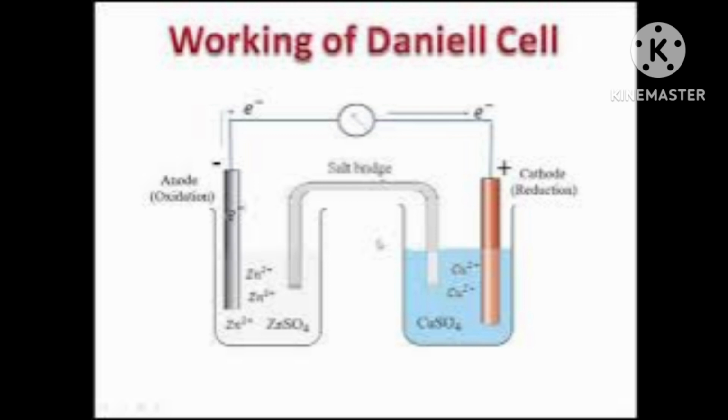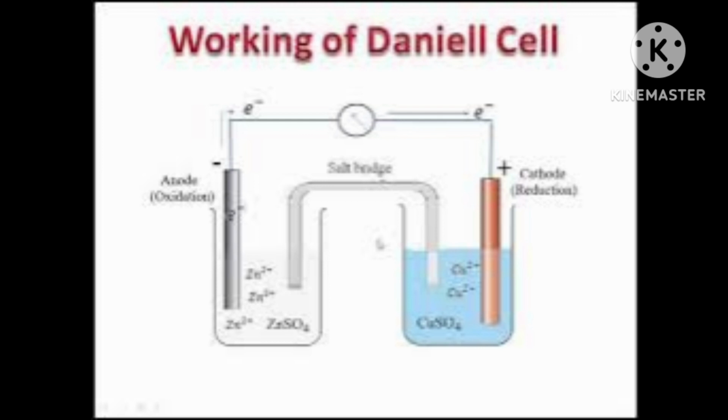Oxidation. Loss of electron is called oxidation. Now Zn is converting into Zn2+ plus 2 electrons, so this process is oxidation. This is one type of tendency that the metal has, a tendency to lose electrons.